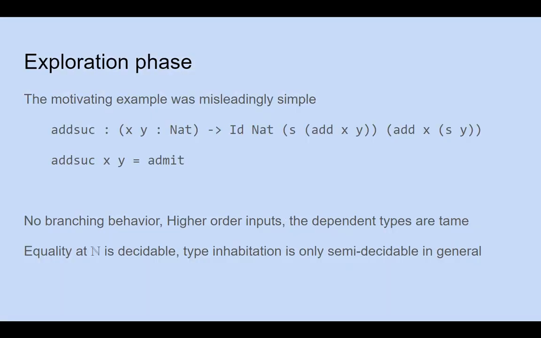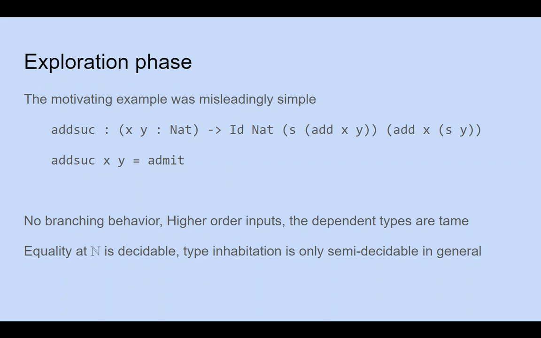For the exploration phase, things are a little bit more complicated. The example I gave in the beginning was a little bit misleading. If you're going to add this admit syntax, and you want to explore over all the possible execution paths of your program, you've got to handle branching behavior, higher order inputs, and dependent types can possibly interact.